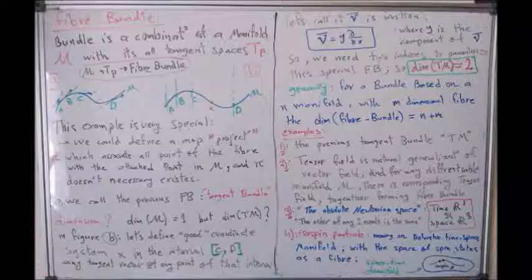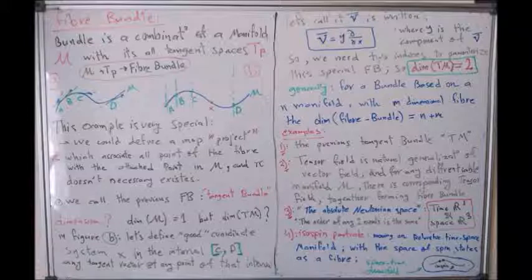We can generalize it in more general cases, where the fiber, the associated space, is more arbitrary. For example, with an m-dimensional fiber and a manifold with n dimension, the formed fiber bundle will have the dimension of the sum of the two dimensions.